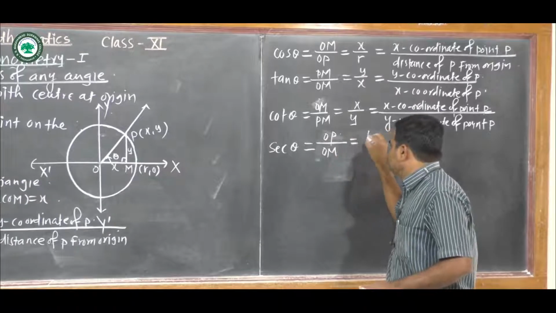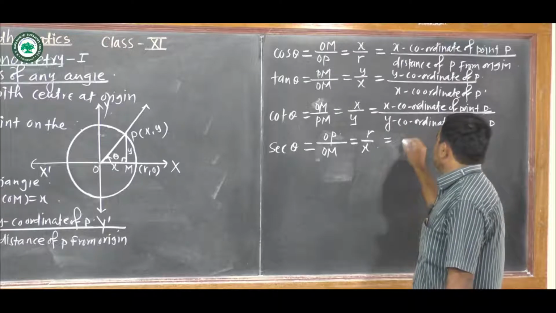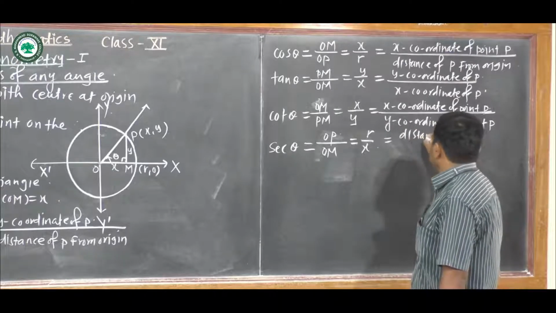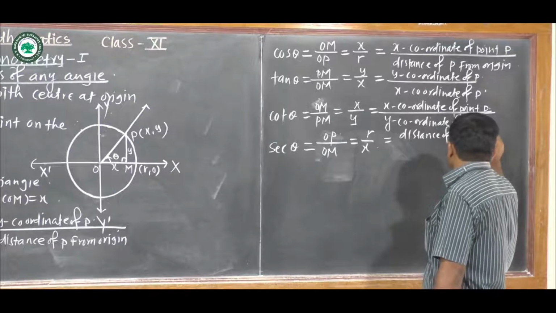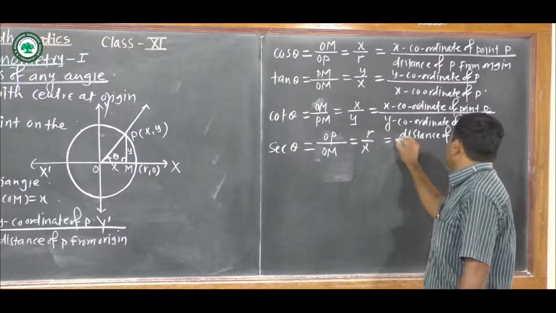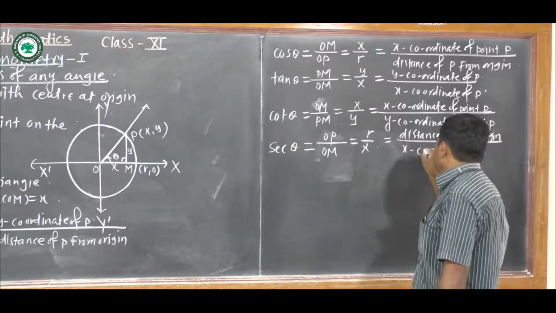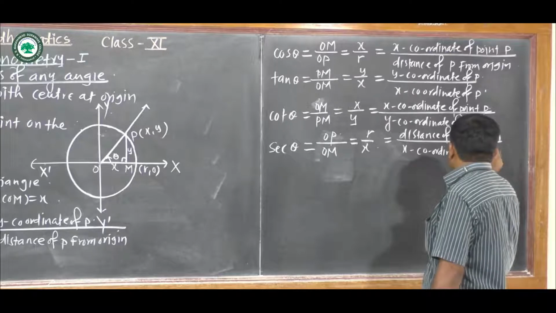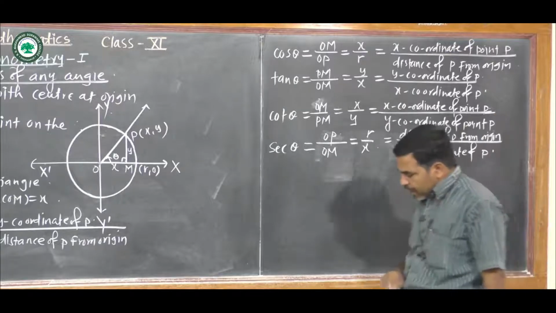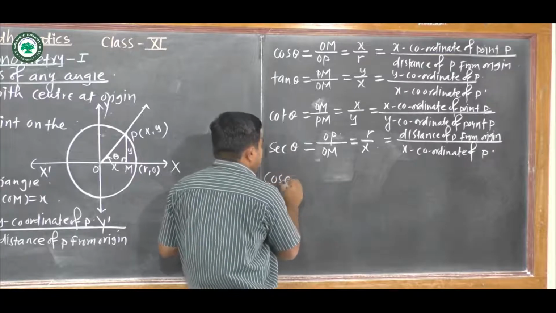OP is r, OM is x. So it is equal to distance of P from origin divided by x coordinate of point P.